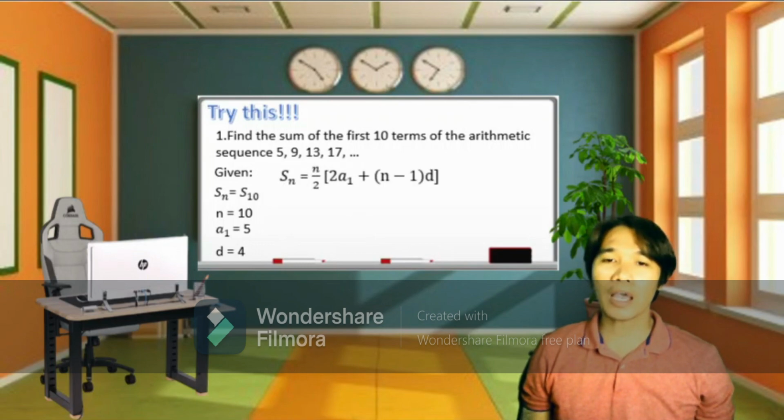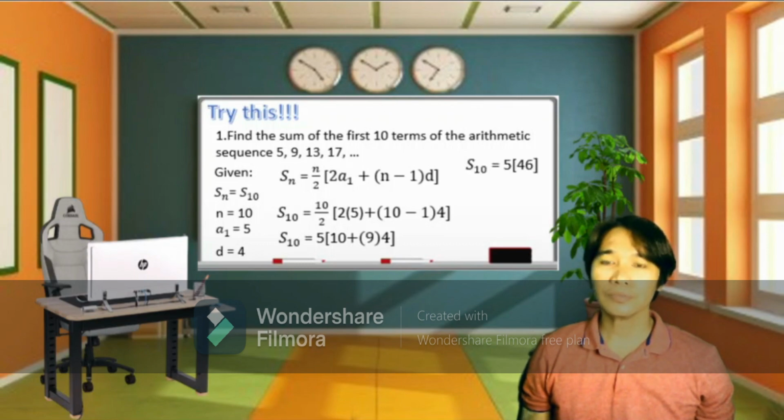So we have the formula S sub n is equal to n over 2 quantity 2 times a sub 1 plus quantity n minus 1 times d. Substituting the values, we have S sub 10 is equal to 10 over 2 multiplied by 2 times 5 plus 10 minus 1 times 4. Solve first inside the parentheses: 10 minus 1 is 9, then 2 times 5 is 10.